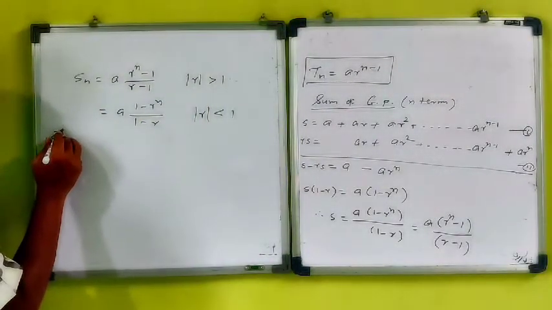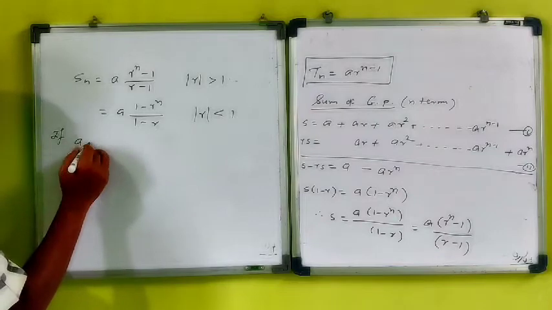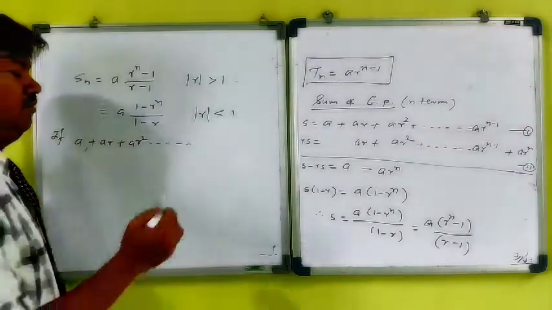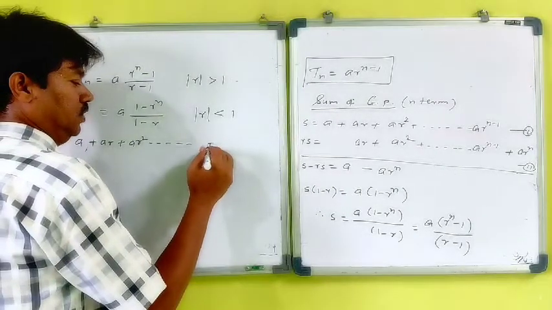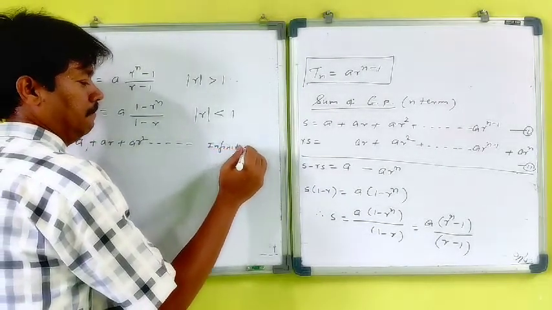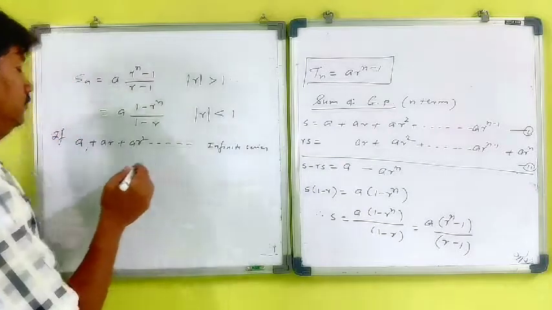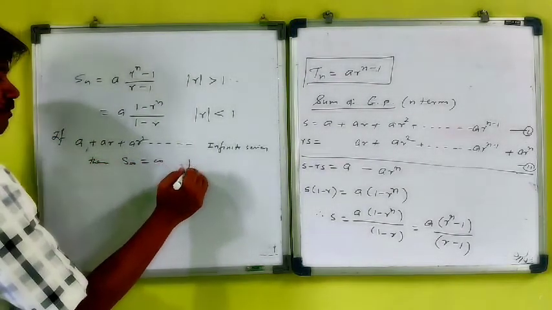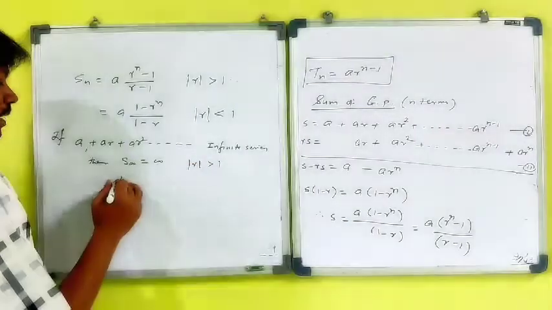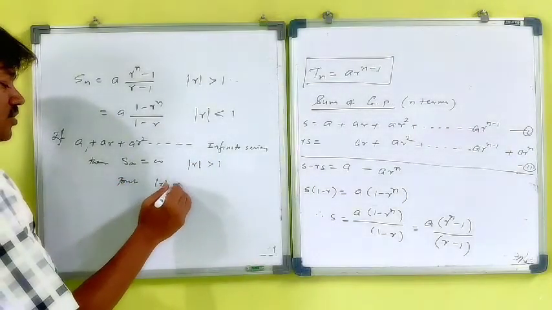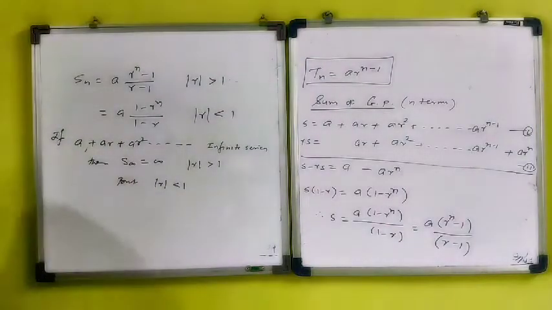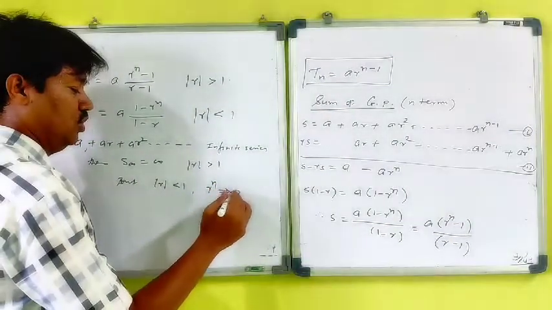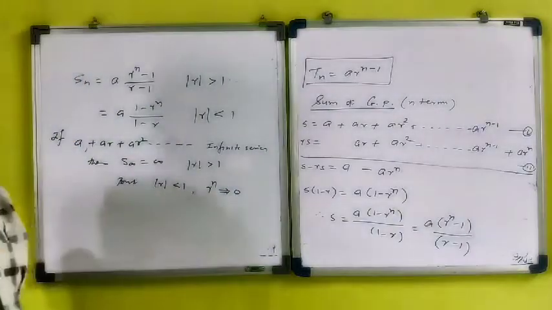Similarly, if A plus AR plus AR square goes to infinity, an infinite series, then S infinity is always infinity for R greater than 1. But if R is less than 1, R raised to n will tend to 0.